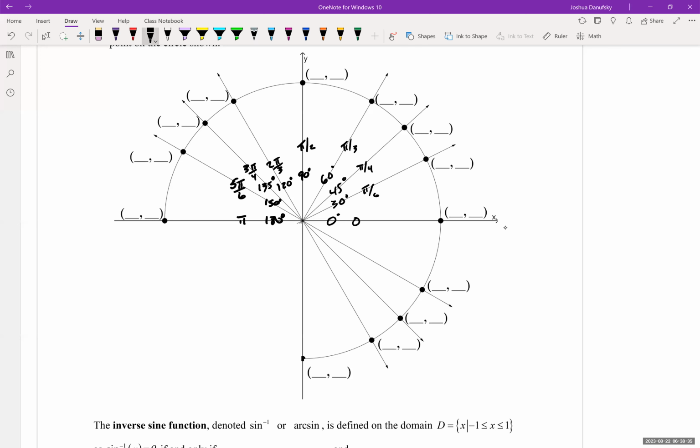And we can also put the values going all the way around, just like we did with the entire unit circle. And then we'll see how this unit circle kind of differs from what we did before.